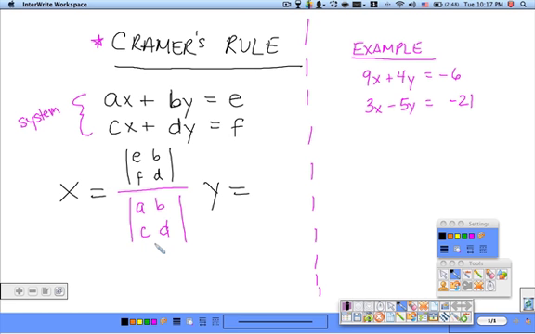So instead of using elimination, we could use this rule and quickly get it. We'll do an example in a moment.